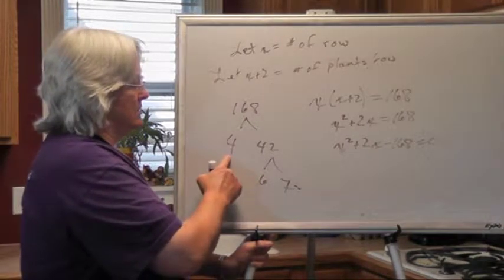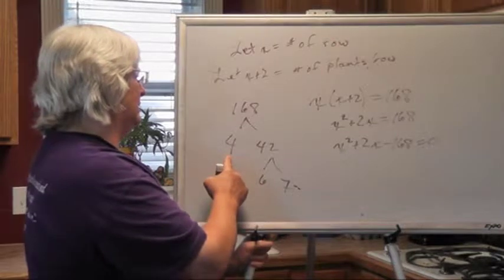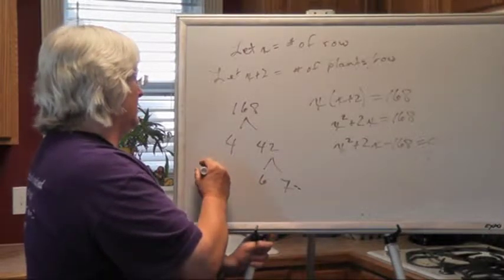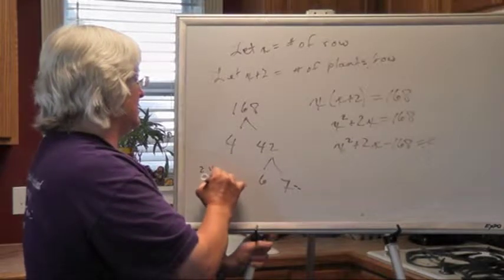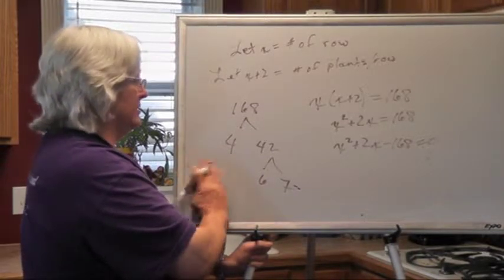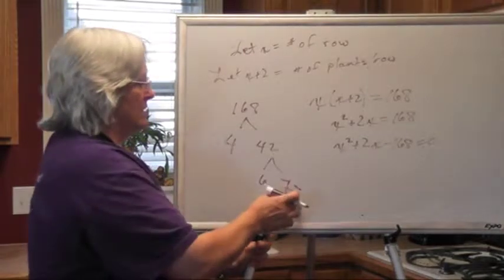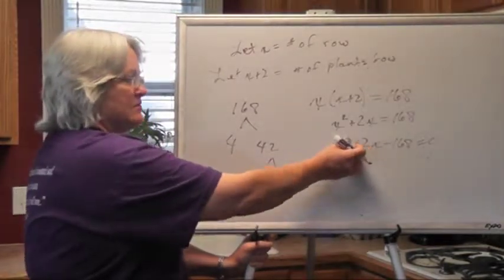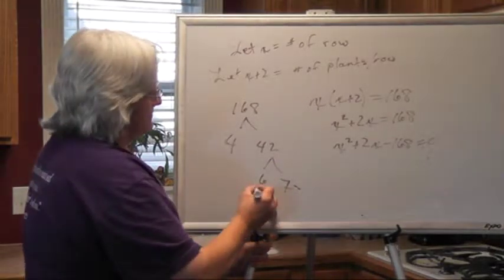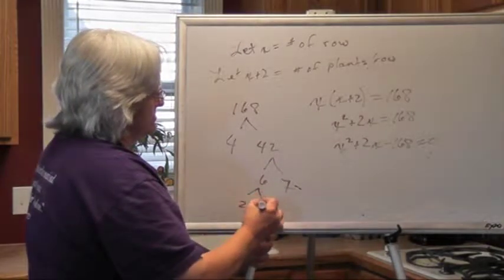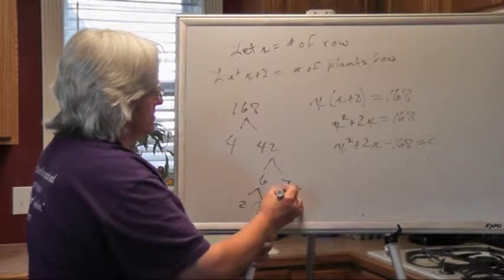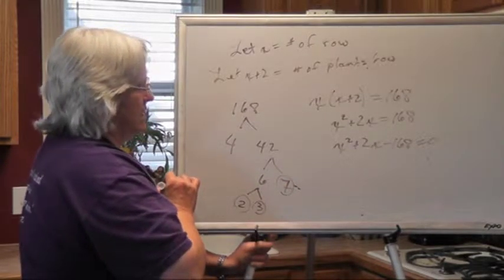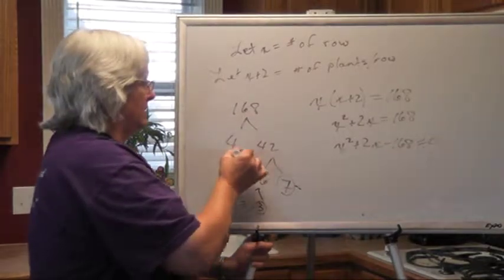Well, that doesn't look right to me. 24. 24 times 7, 8. But it is. Okay. No good collection of factors here because it has to differ by 2. This is 2 times 3, 3 times 7 times 2. Aha! Times 4.